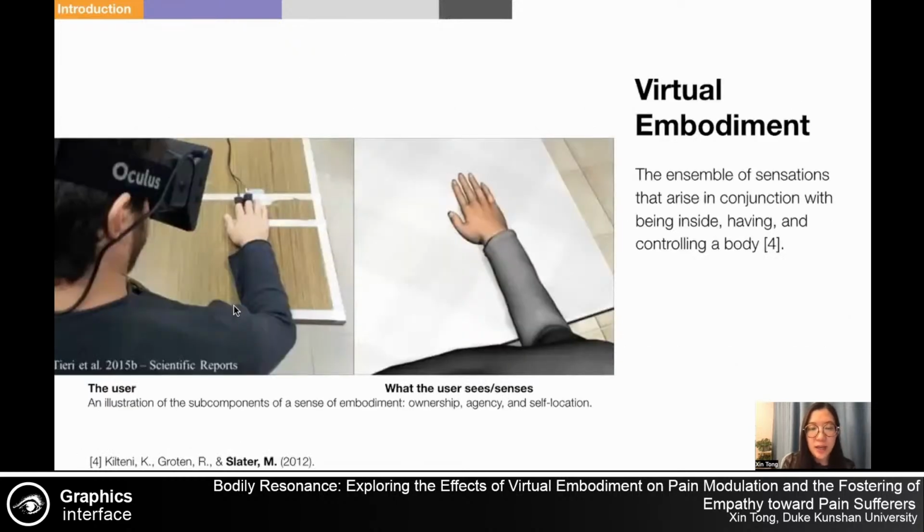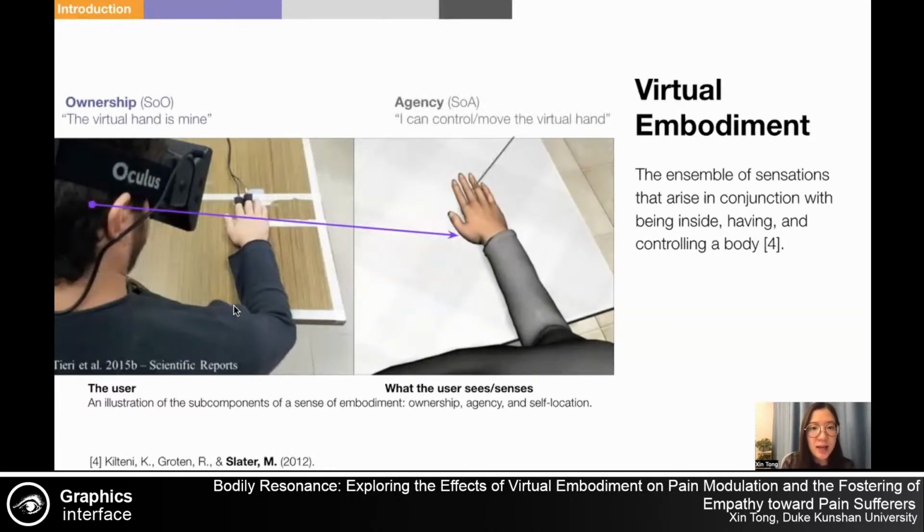Virtual embodiment is the ensemble of sensations that arise in conjunction with being inside, having, and controlling a body. Virtual embodiment includes 3 critical subcomponents: ownership, agency, and self-location. Sense of ownership refers to one's self-attribution of a body.